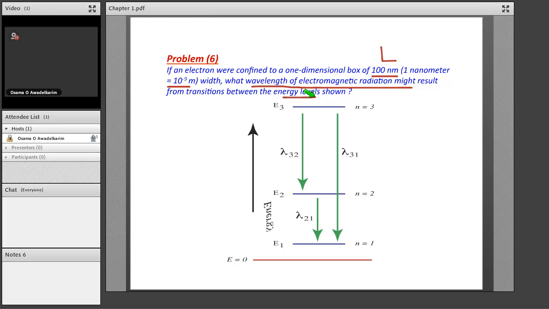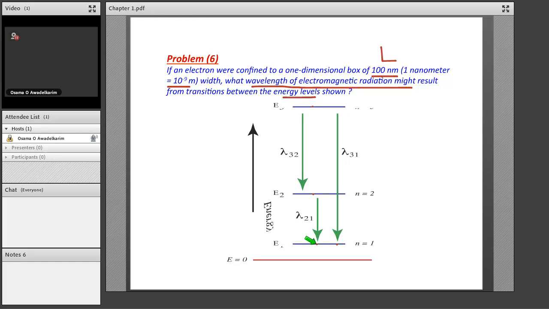And indeed we can. Why? Look, if we confine an electron to this quantum well, then we have different energies. n=1, which is E1, n=2, which is E2, and n=3, which is E3. Now, if I excite an electron, it will be here in the ground state.